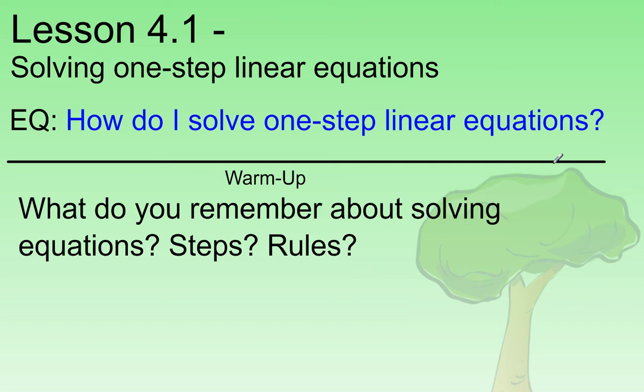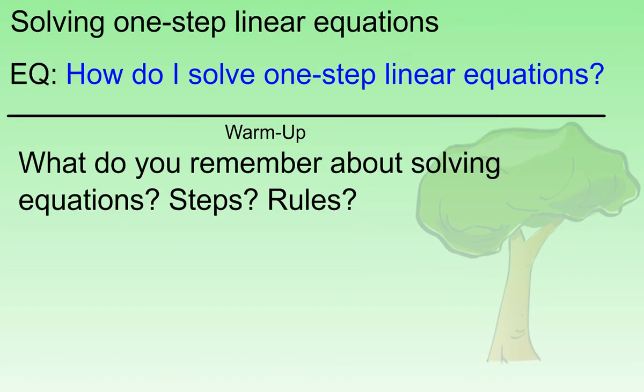So, the warm-up says, what do you remember about solving equations? Do you remember any steps, any rules? So let's see. Things you might remember, maybe. You might remember that when you're solving an equation, you always want to do the opposite of what's happening to the variable. So, like, if the variable x is being added by 3, we'll say it equals 10.